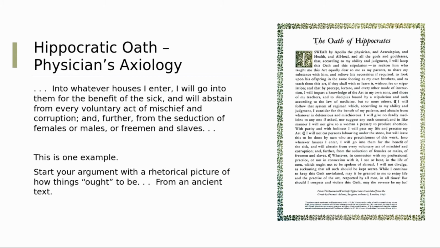For example, if you're a lawyer and you're suing some doctors and they didn't do the right thing, the first thing you're going to do to position your argument is go to that old text, that Hippocratic oath that was written centuries ago, and you're going to premise your argument based on what that old text says. And I give you an example here, the Hippocratic oath, and a part of that Hippocratic oath says, into whatever houses I enter, I will go into them for the benefit of the sick. I will abstain from every voluntary act of mischief and corruption, blah, blah, blah.